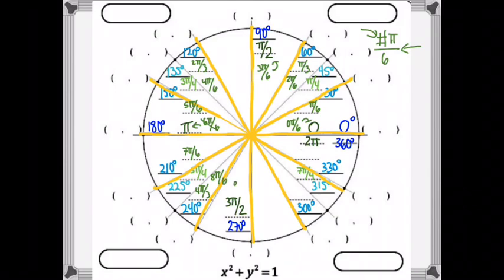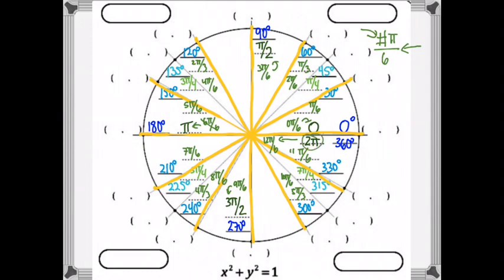This is going to be 9 pi over 6, which reduces down to that. 10 pi over 6, which is going to reduce down to 5 pi over 3. 11 pi over 6, which is going to stay as is. And then finally, this is going to be 12 pi over 6, where 6 goes into 12 twice, which just gives us our 2 pi.